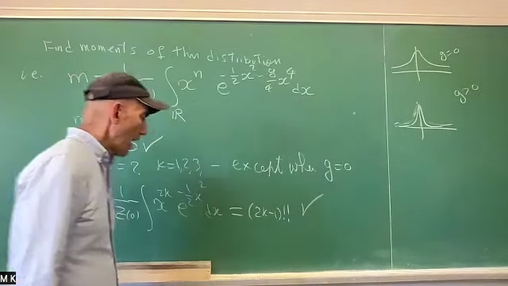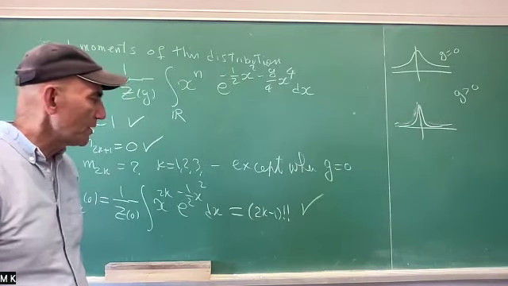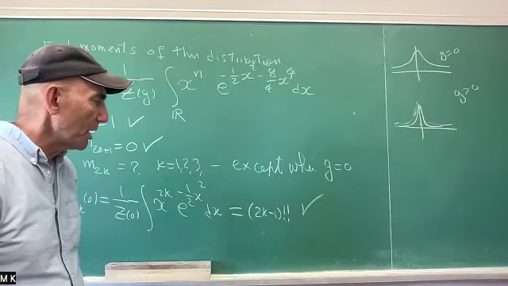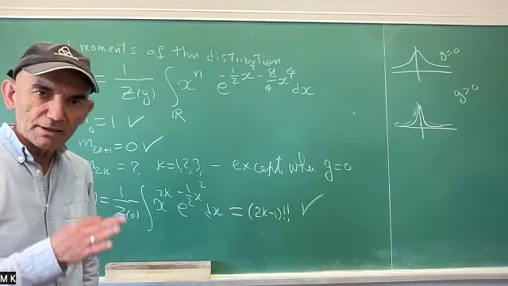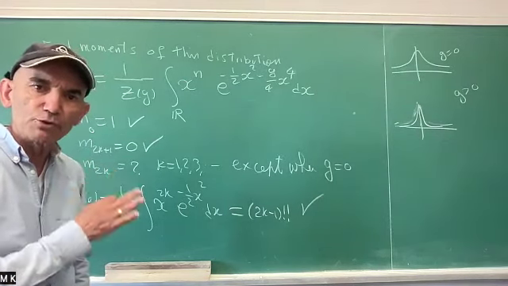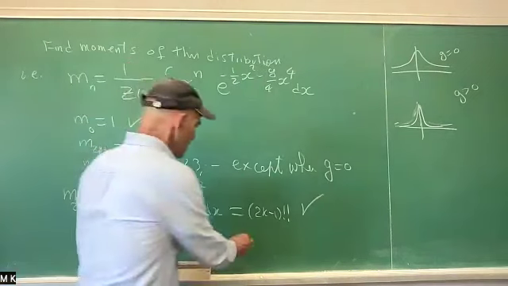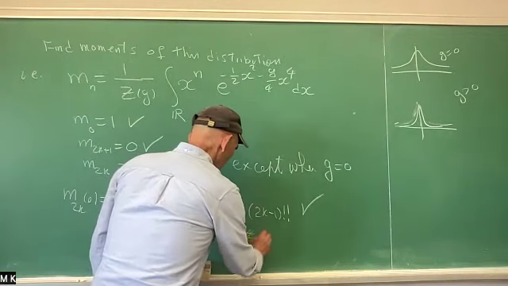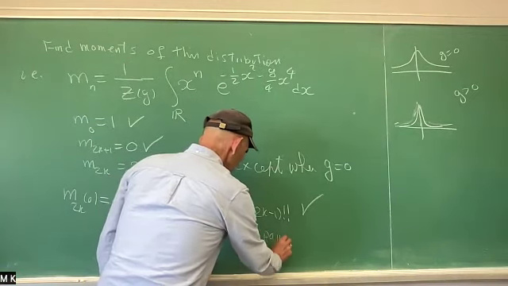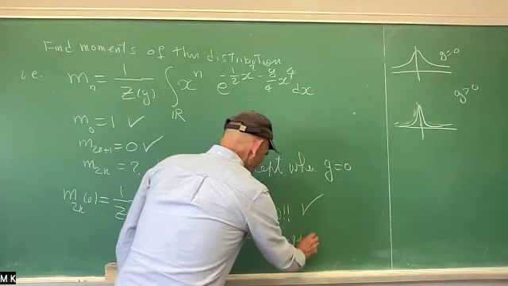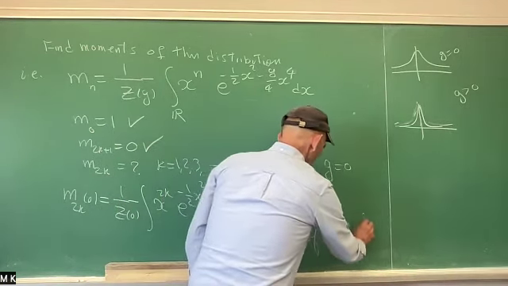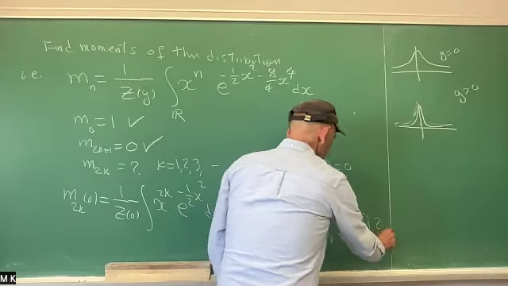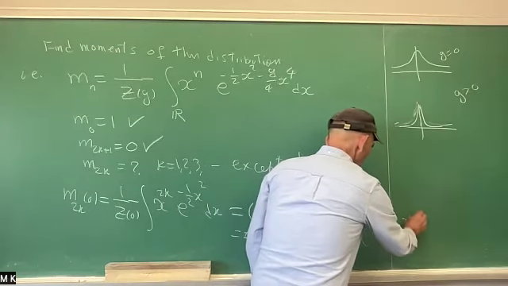Yes. And this (2k minus 1) double factorial is exactly also the number of pairings of a set with 2k elements. This is equal to the number of pairings of the set 1, 2, ..., 2k.